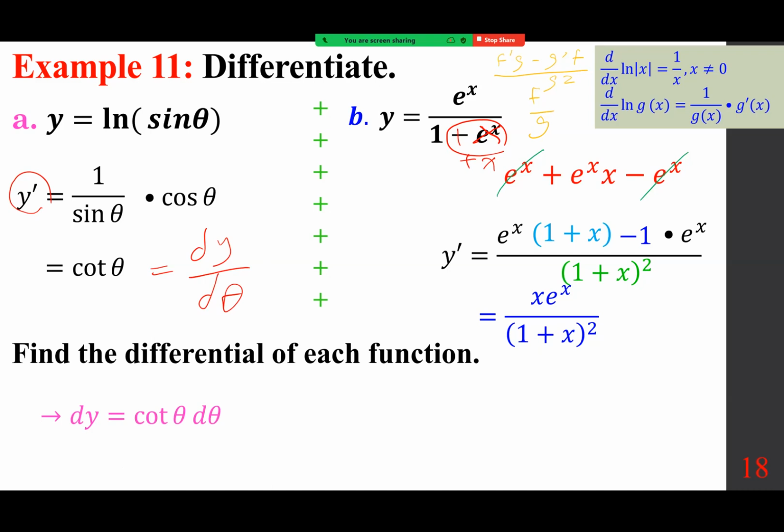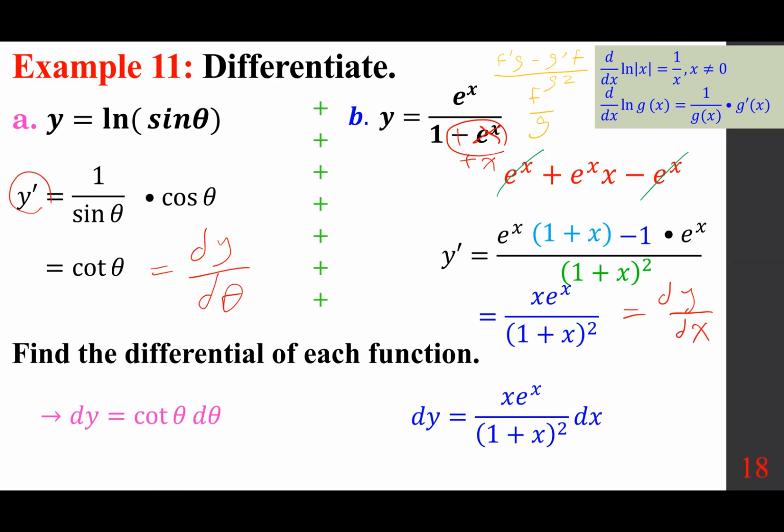Whereas here it is dy dx, because x is the independent variable. So it's the same thing times dx. So I want you to distinguish between the two and remember which variable is your independent variable and act accordingly.